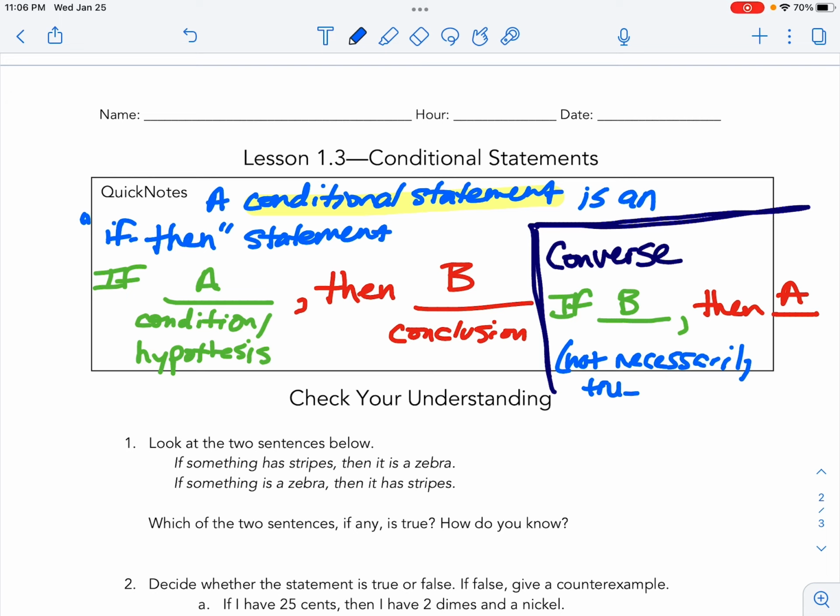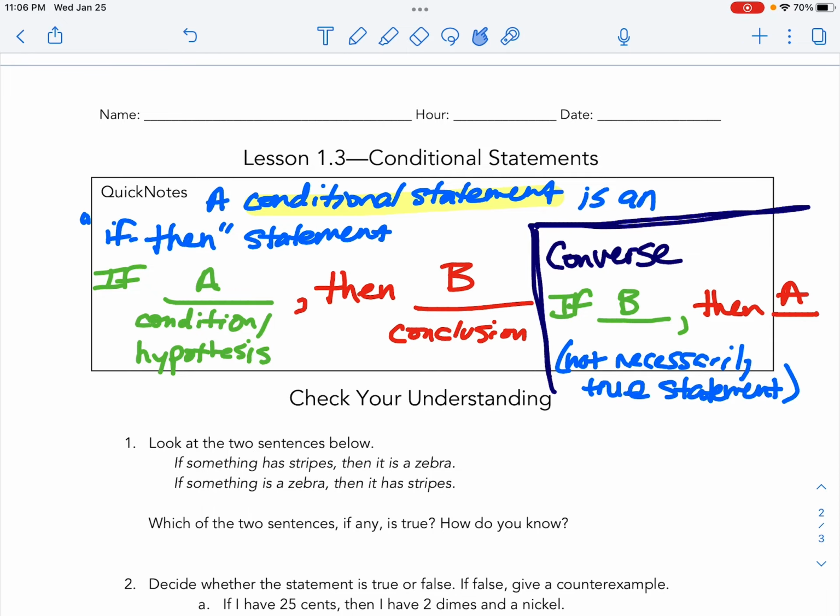Just because it involves that same condition or hypothesis, that same conclusion, it's not necessarily always going to be a true statement. Doesn't necessarily work exactly like that.